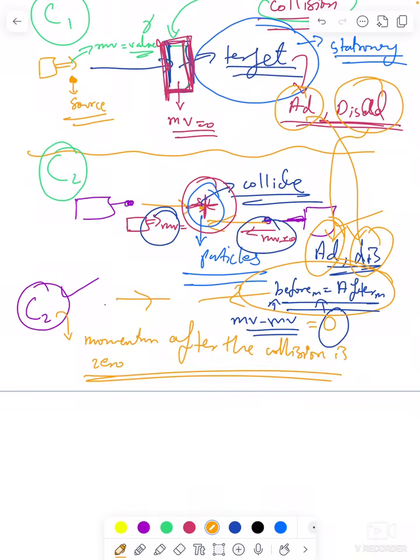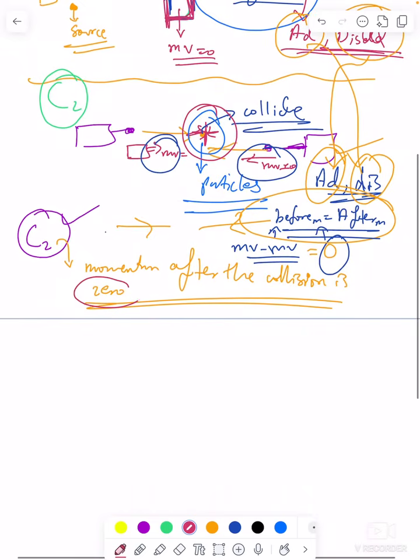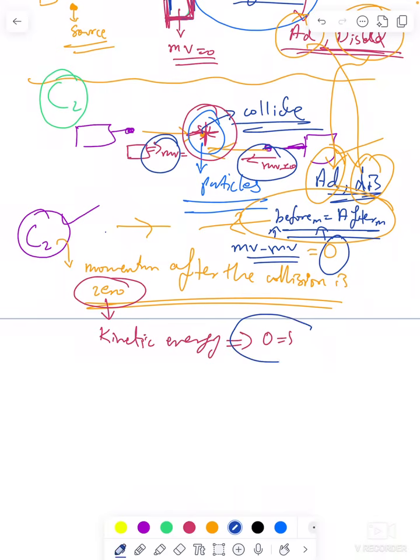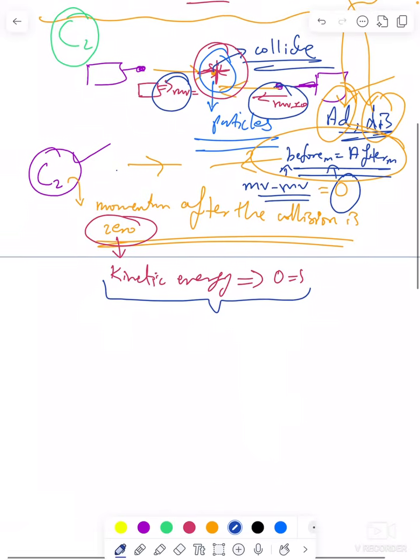So what's the advantage of the momentum being 0 after collision? It means that we have no kinetic energy. It's 0. This kinetic energy being 0 is very important.